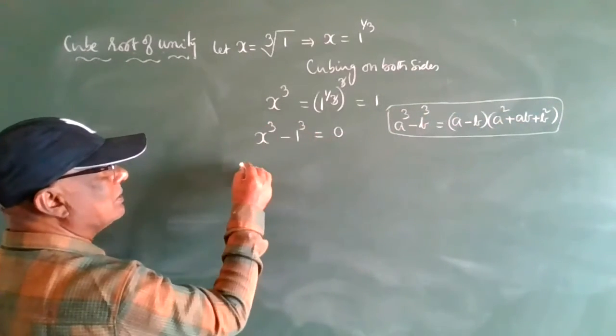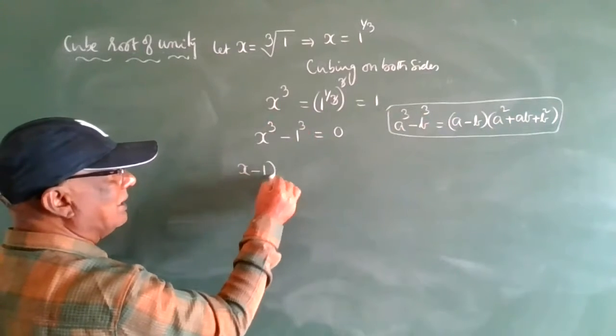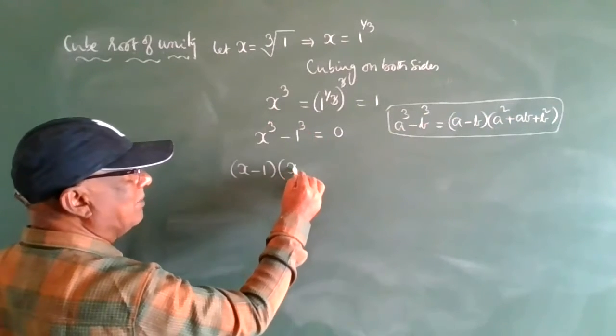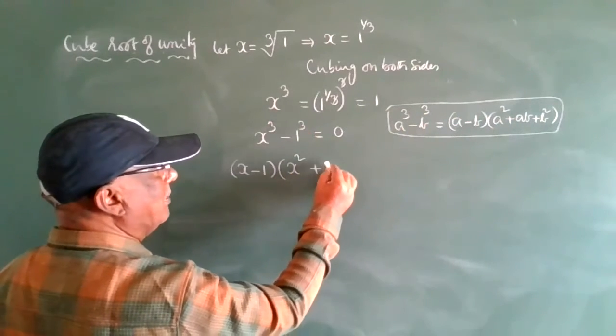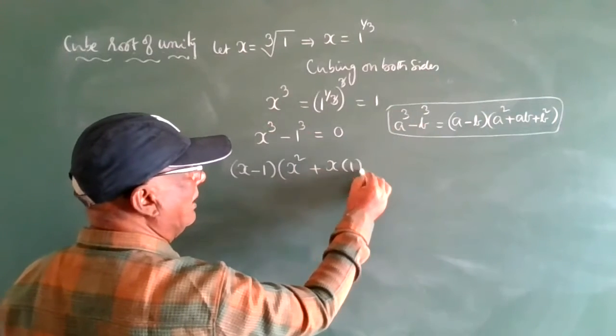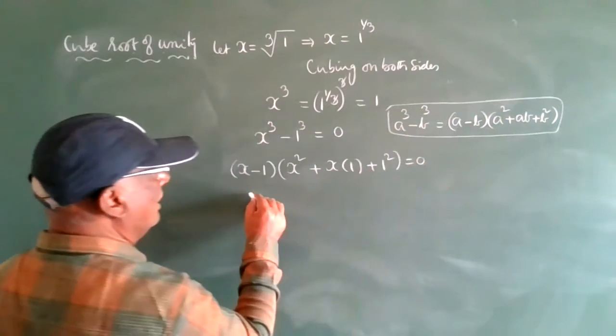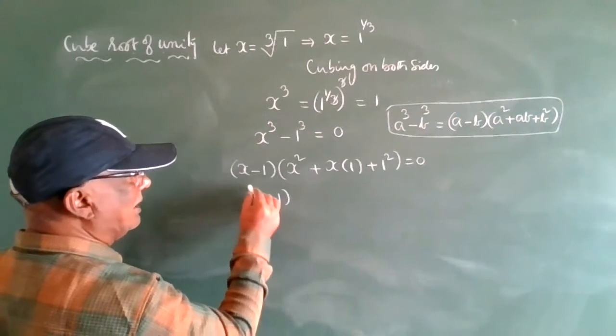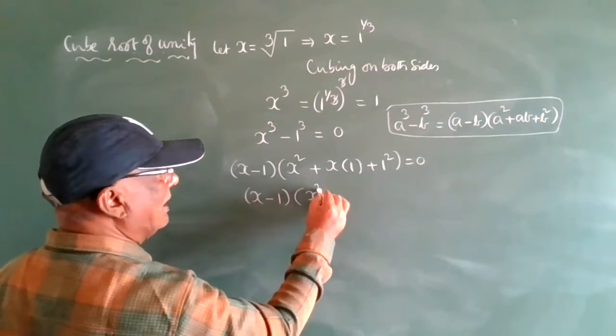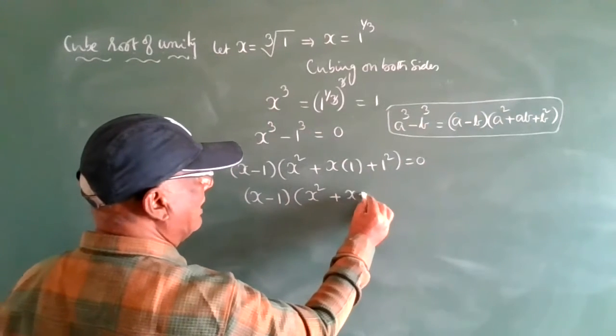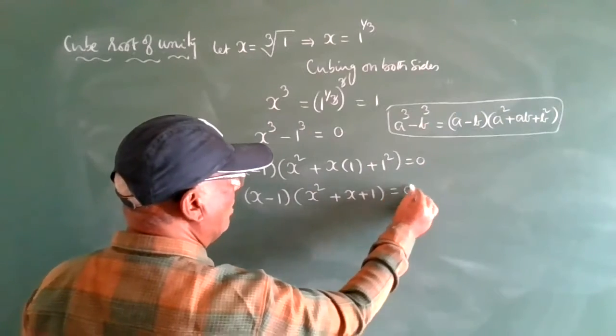So x minus 1 into a square means x square, ab means x into 1, b square means 1 square, is equal to 0. Therefore, x minus 1 into x square plus x plus 1 is equal to 0.